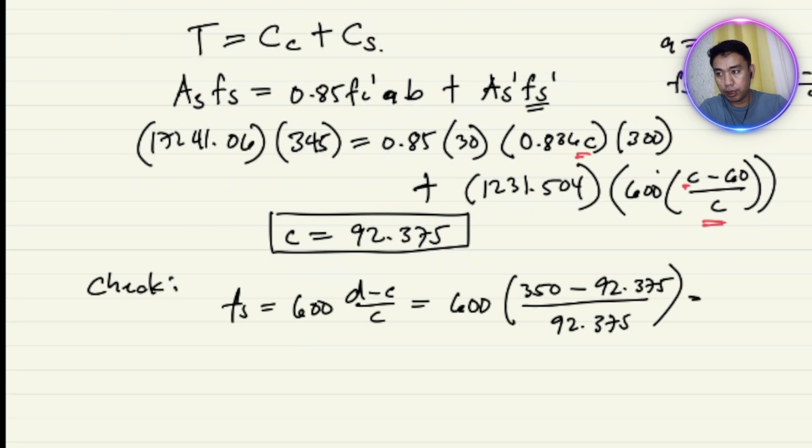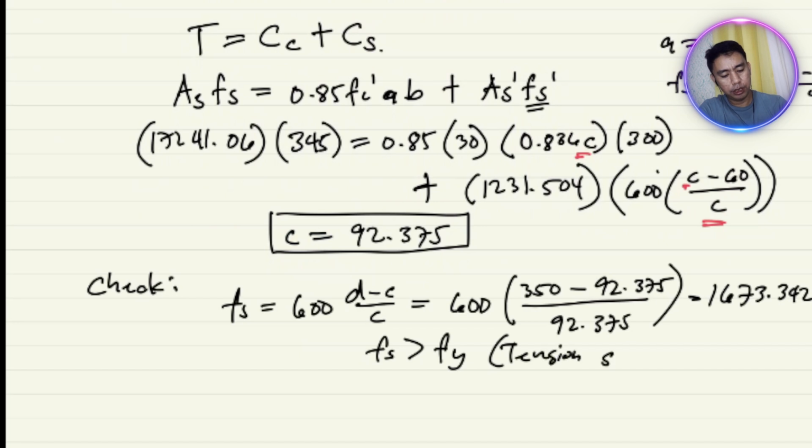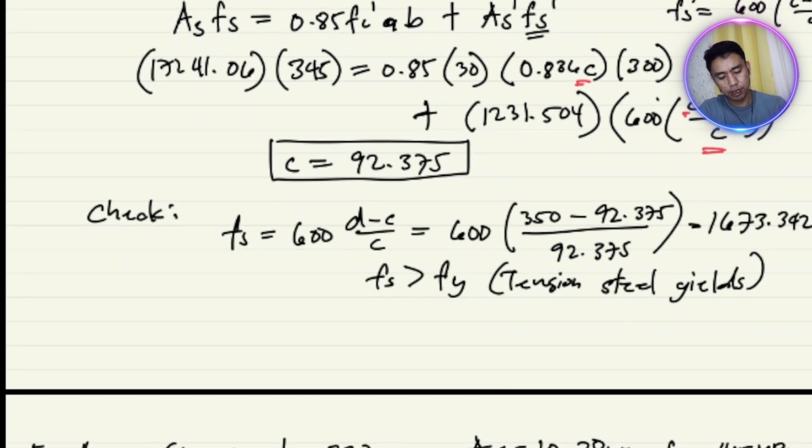This is equal to 1673.342. Okay? So Fs is greater than Fy. Okay? That means tension still yields. Correct yung assumption natin.